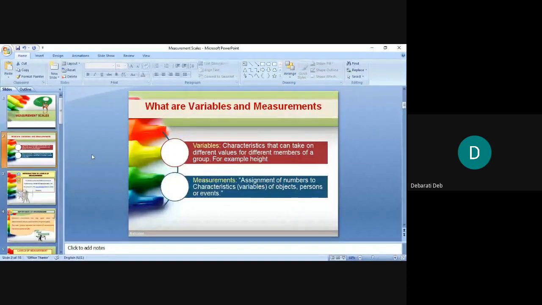Now for understanding the measurement scale, you have to have a clear idea about what you mean by variables and what you mean by measurements.